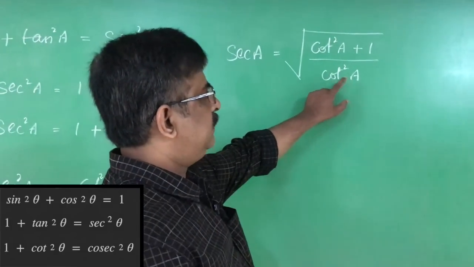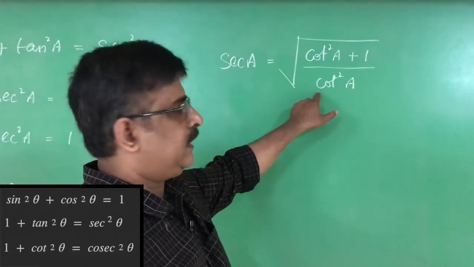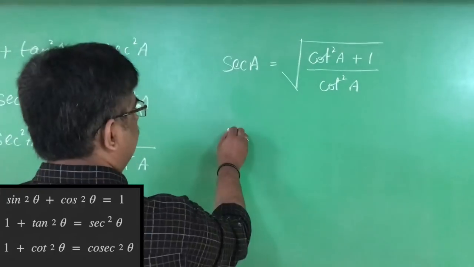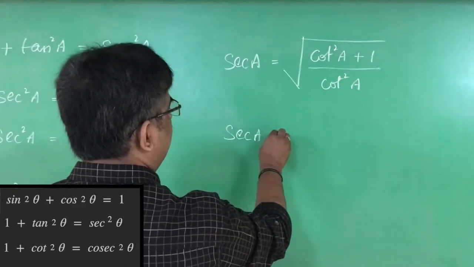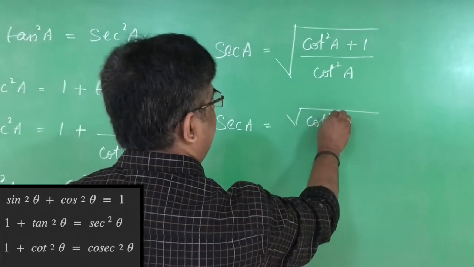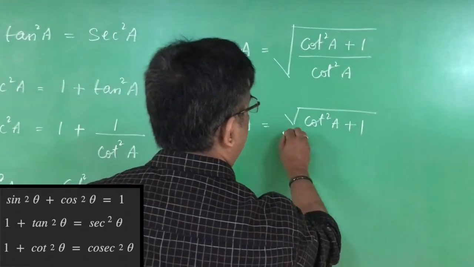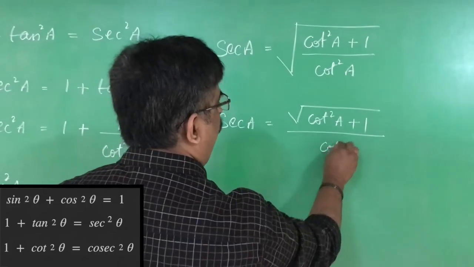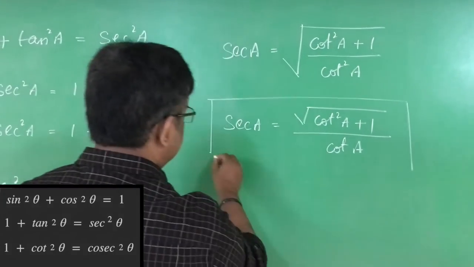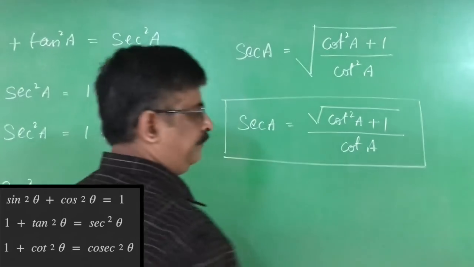But the denominator is a monomial. For this one, we can take a square root. Square root of cot square A is cot A. Therefore, secant A is equal to square root of cot square A plus 1 divided by cot A. This is the relationship between secant and cot.